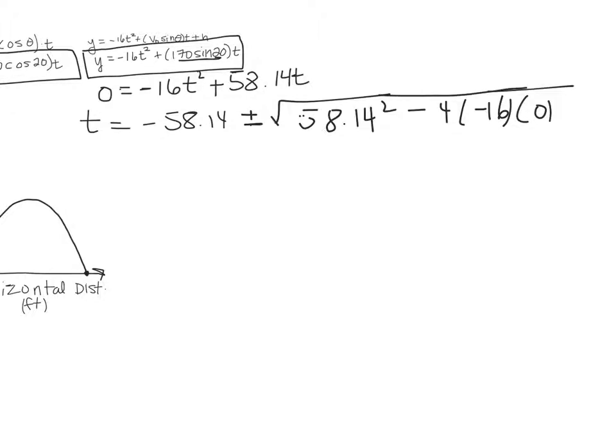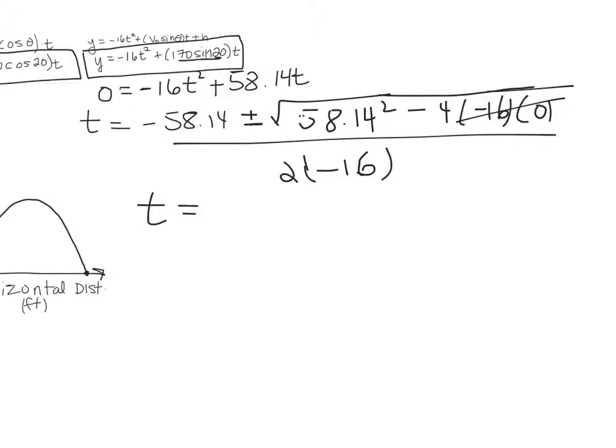So all that goes to 0. And that's all over 2 times a, and what you get here, if you plug that through on your calculator, you would get 0 and then also 3.63.